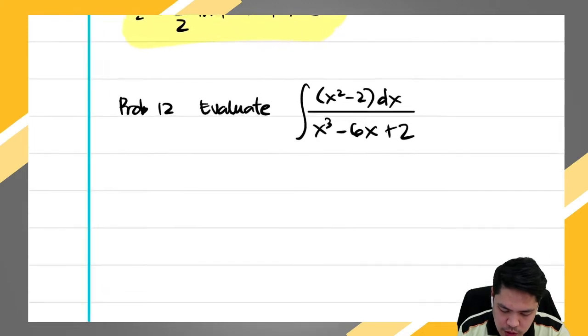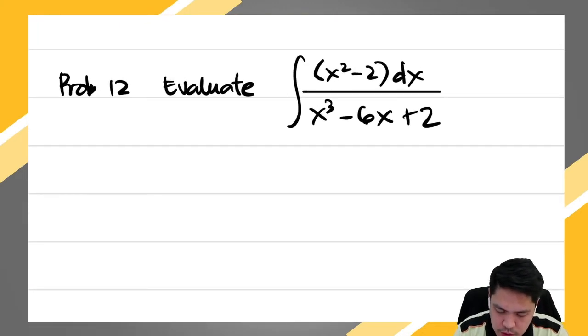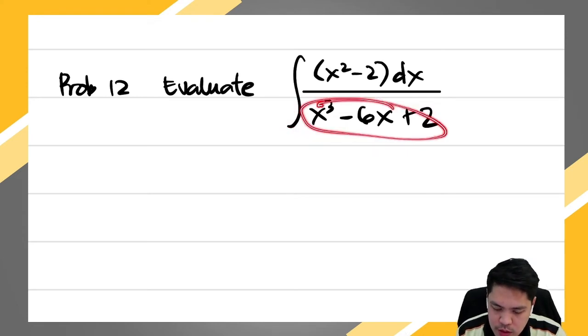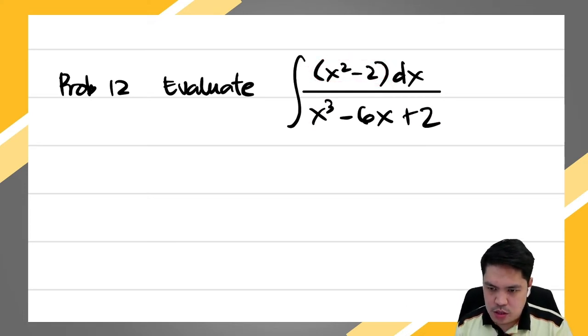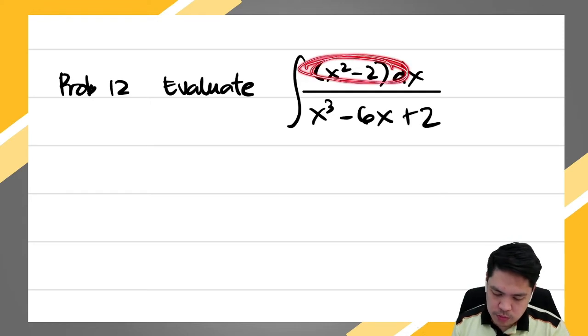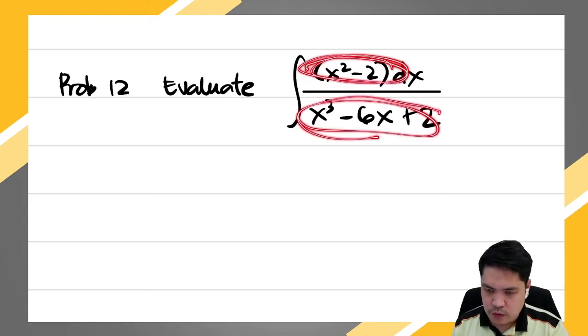Suppose we have to evaluate the integral of this function. How would we answer this? Again, the denominator is a third degree polynomial, and the numerator is a second degree polynomial. So the numerator is similar to the derivative of the denominator.